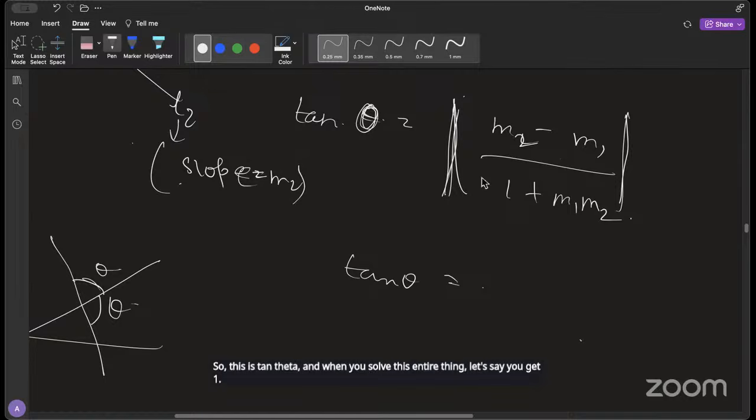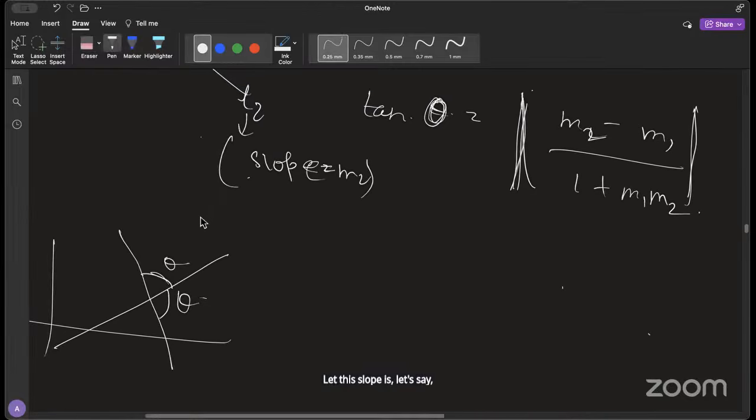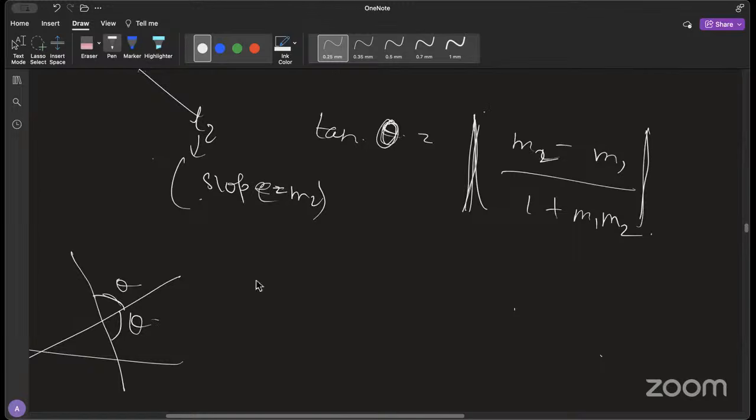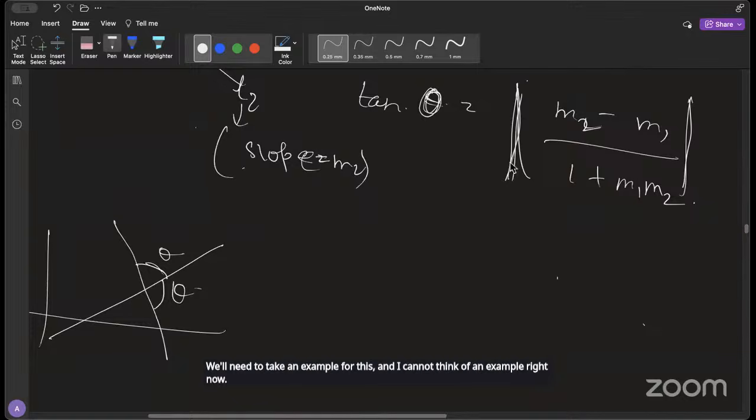If this entire thing solves, you'll get plus minus 1 here. We'll need to take an example for this, and I cannot think of an example right now.